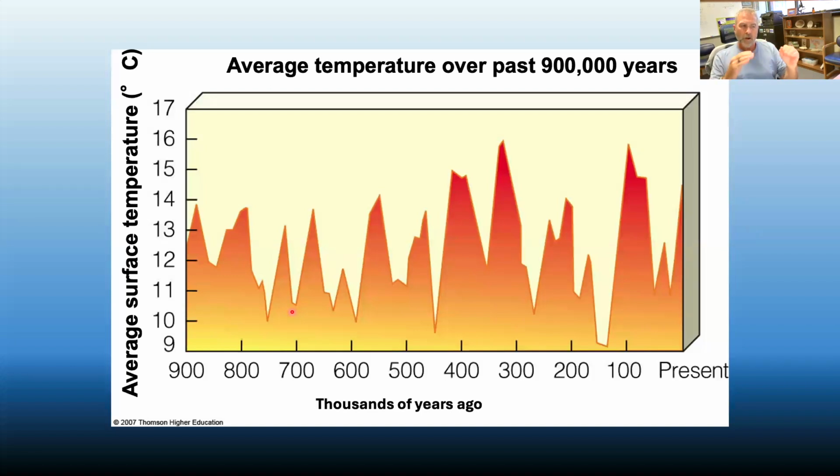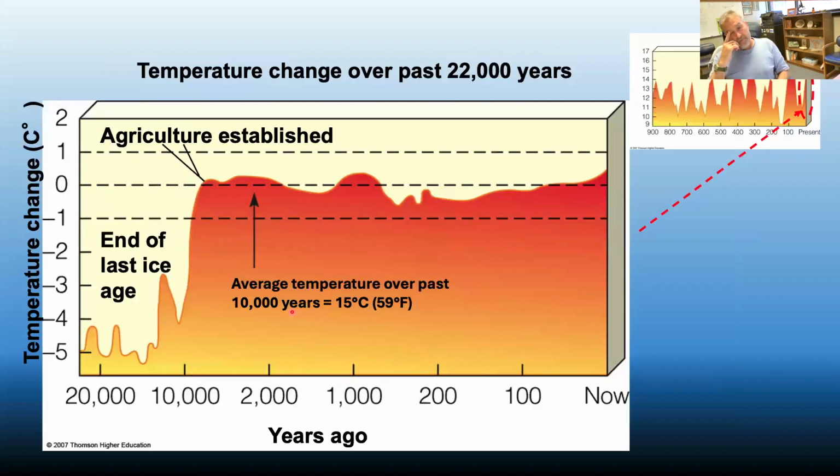But what I want you to understand is that the Earth's climate has not been stable over this long period of time. There have been short periods of stability, but by and large, the climate has been extremely variable. Okay. Now, if we take a smaller slice, right?